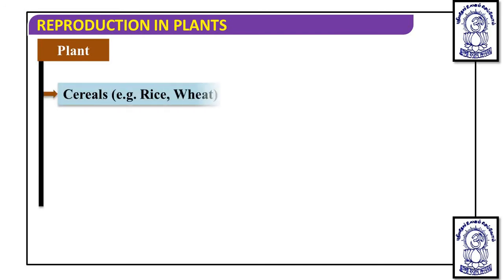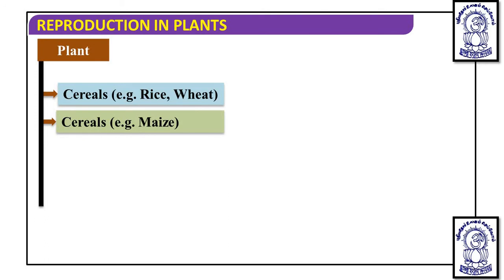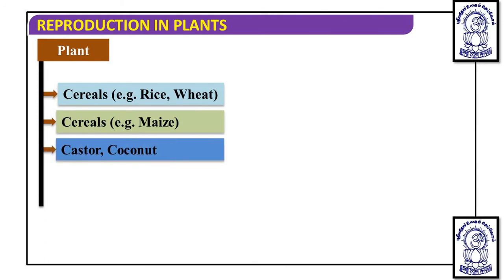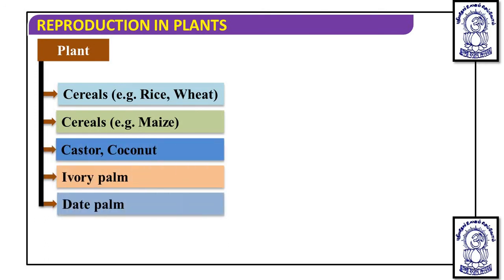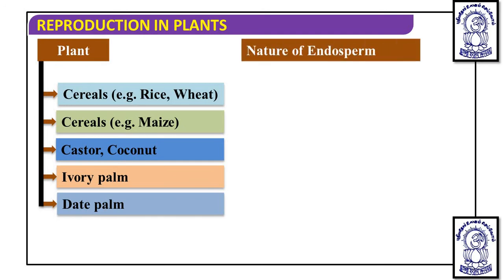Next, now if we come to know that endosperm is present and has reserve food, the question should arise in your mind: this reserve food is made up of what? If we go on talking about endosperm, we come to know that in cereals like rice, wheat, maize, castor and coconut, ivory palm and date palm, the content of the reserve food in the endosperm is different.